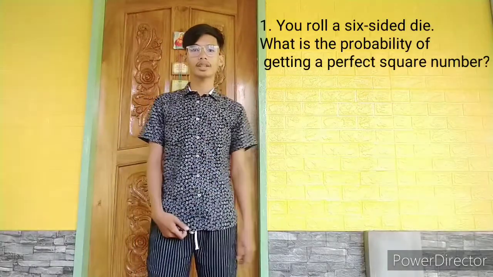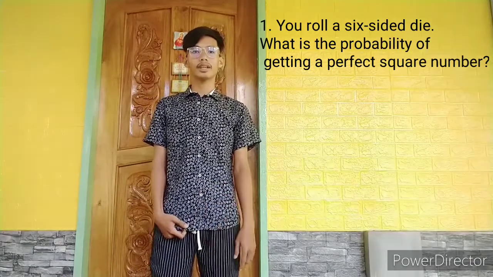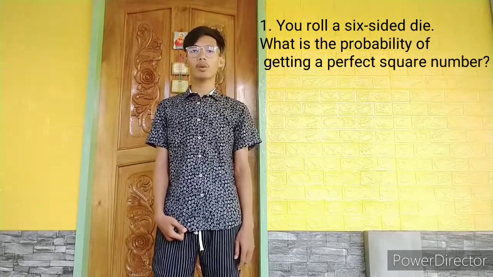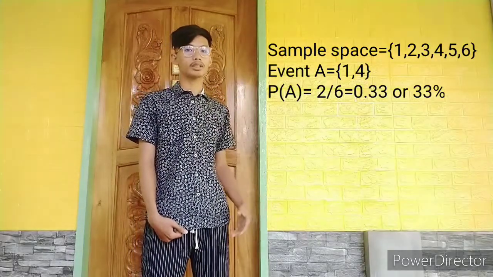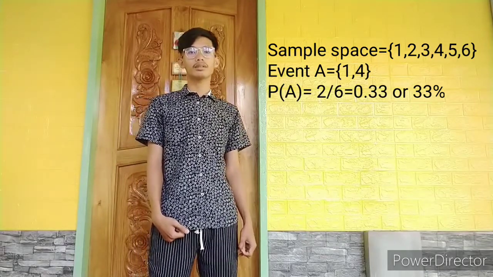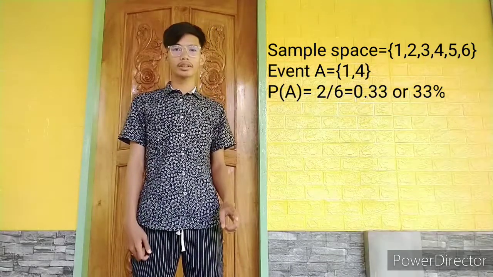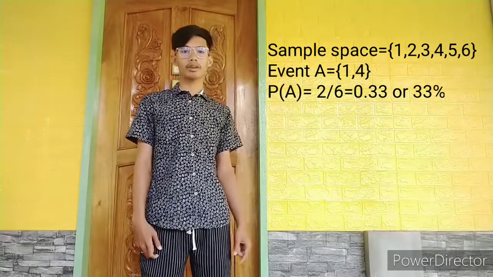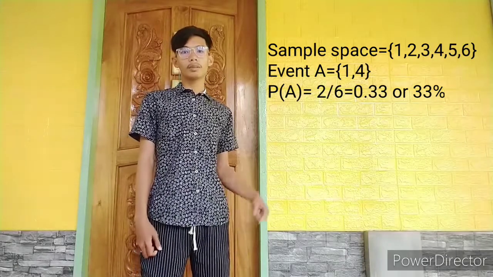Example number 1. You roll a 6-sided die. So, it is a fair die. What is the probability of event A getting a perfect square number? So, solution. Sample space is actually 1, 2, 3, 4, 5, and 6. So, the event A is what we're looking for. So, event A is getting a perfect square. So, in those 6 numbers, we only have 2 perfect squares.